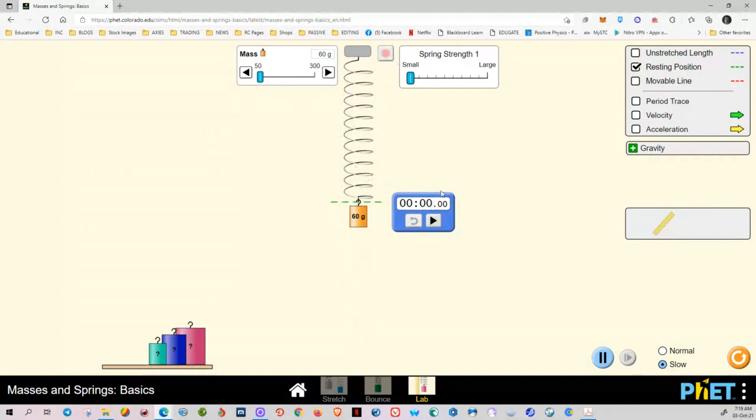So I will suggest lift the mass up to the line like this and let it go. That will allow you to keep the extension of the spring constant, even if you change the masses. So let's stop this one. Let's start with 50 grams.